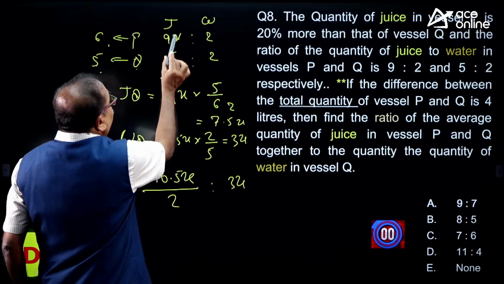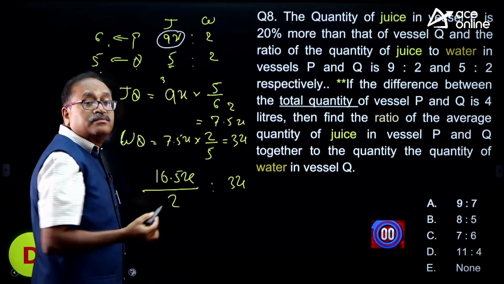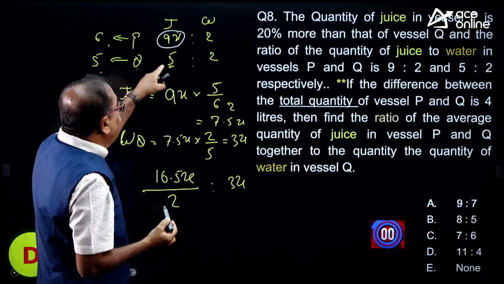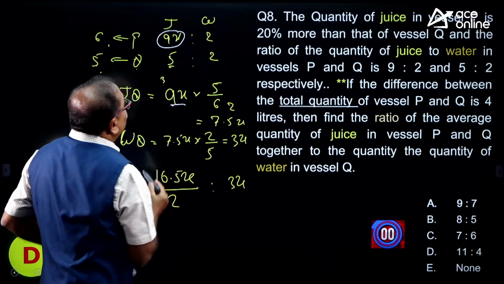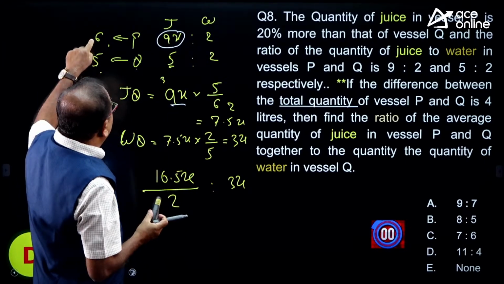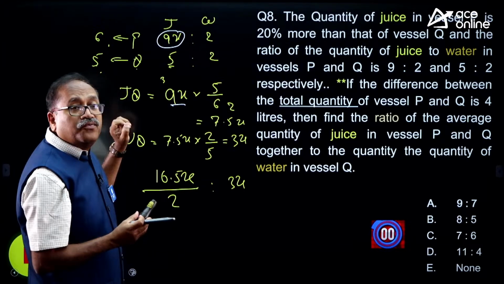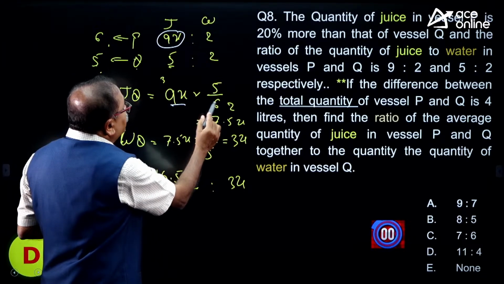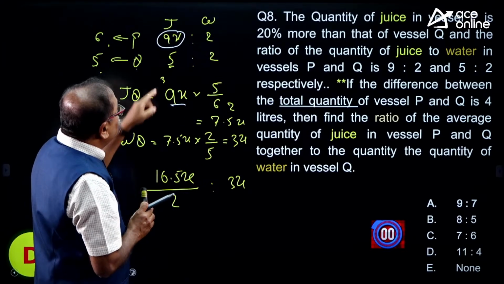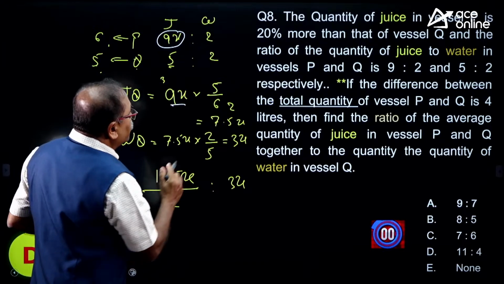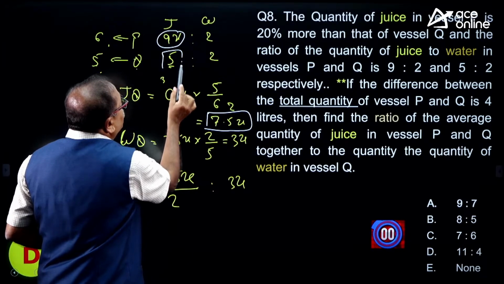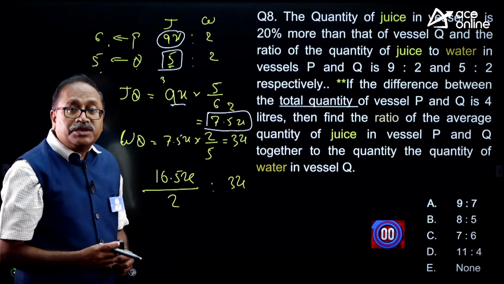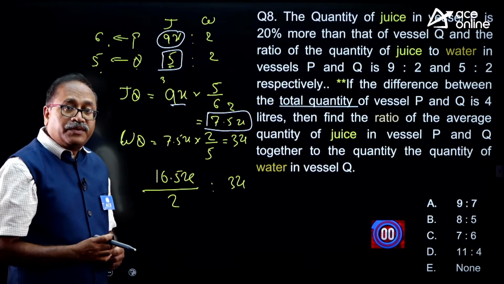I have taken this as 9x. So I am finding out the Q. So 9x into here 6 parts and here 5 parts. So make that 5 by 6. So you are getting 7.5x and this 7.5x is nothing but juice in Q. 5 parts.